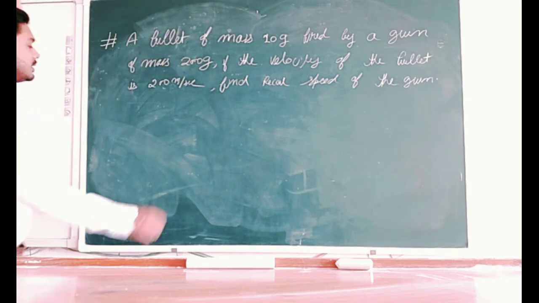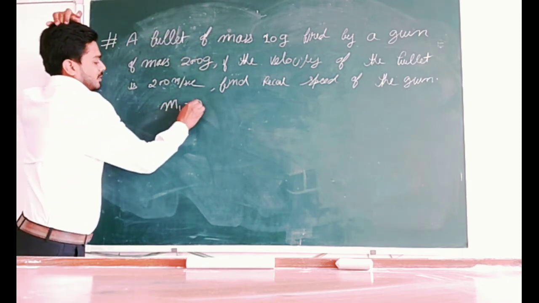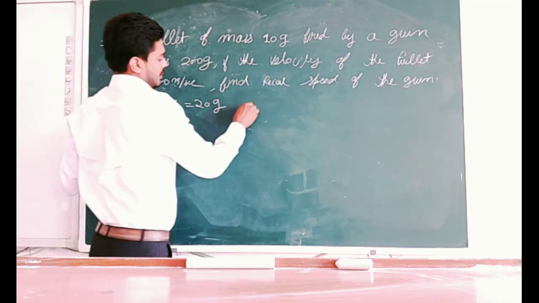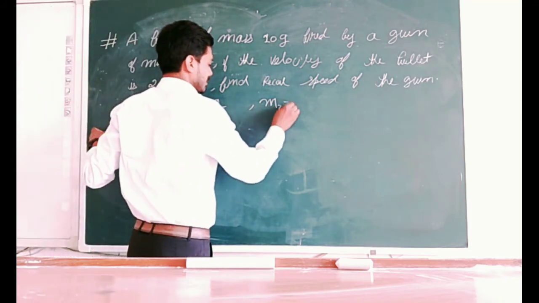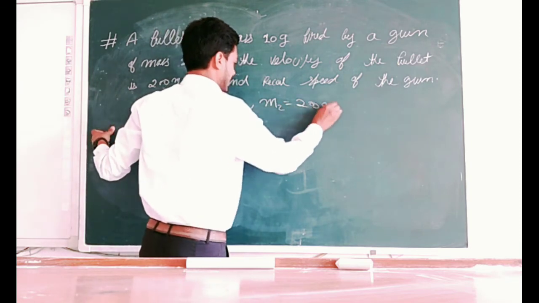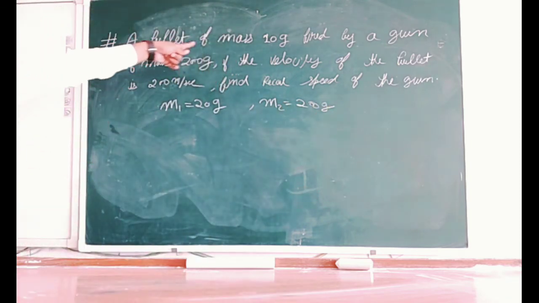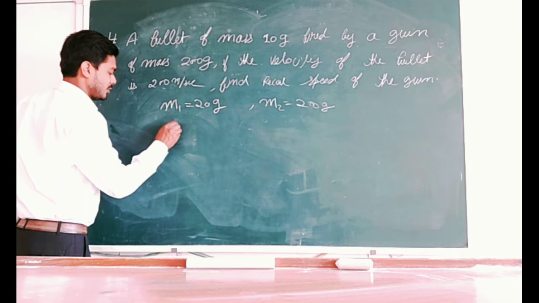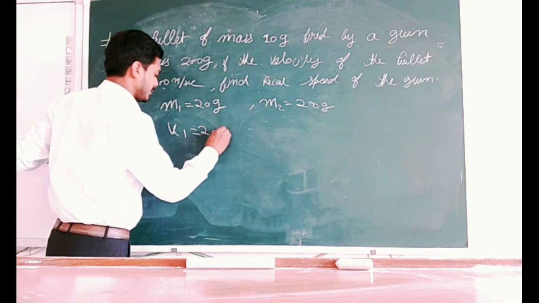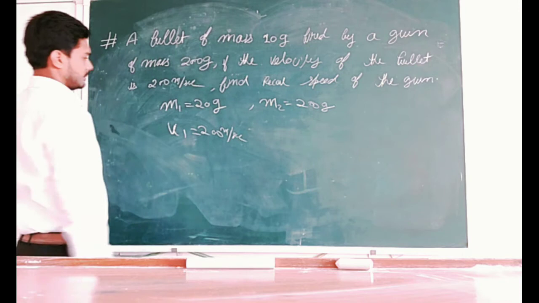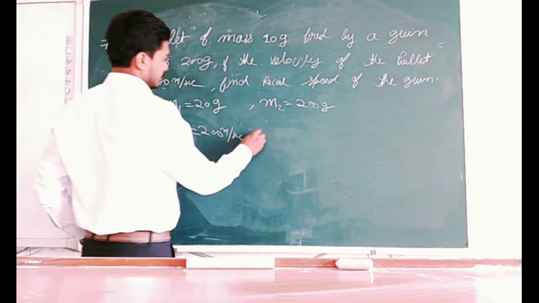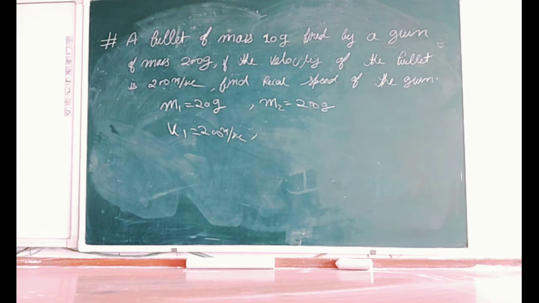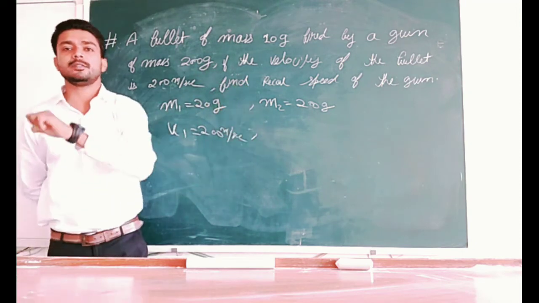Here it is given that the mass of the bullet is 20 gram and the mass of the gun is 200 gram. If the velocity of the bullet, u1, is given as 200 meter per second, then it is asking for the recoil speed of the gun. It is asking the velocity with which the gun will recoil.